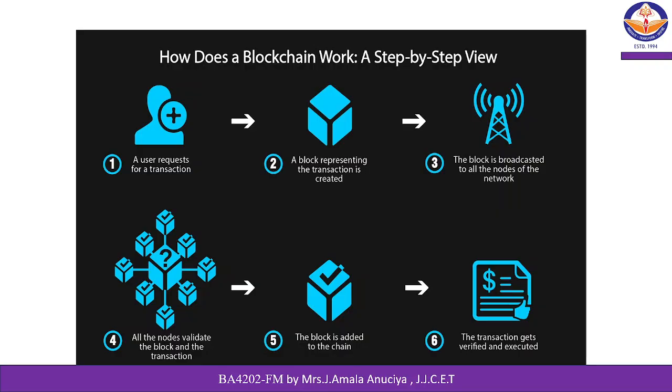The broadcasting ensures everyone has an equal chance to validate the block. Next, the block is validated by the nodes, which in turn validates the transaction as well. The block is added to the chain once it's validated. This also means that the transaction is executed successfully and verified by nodes.